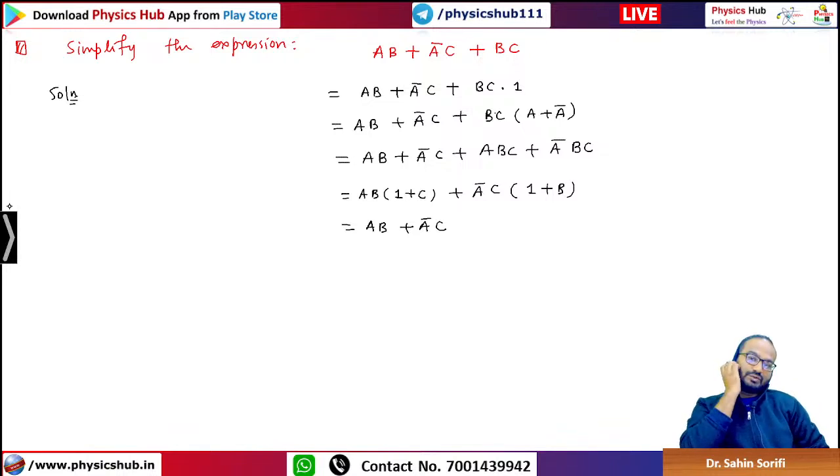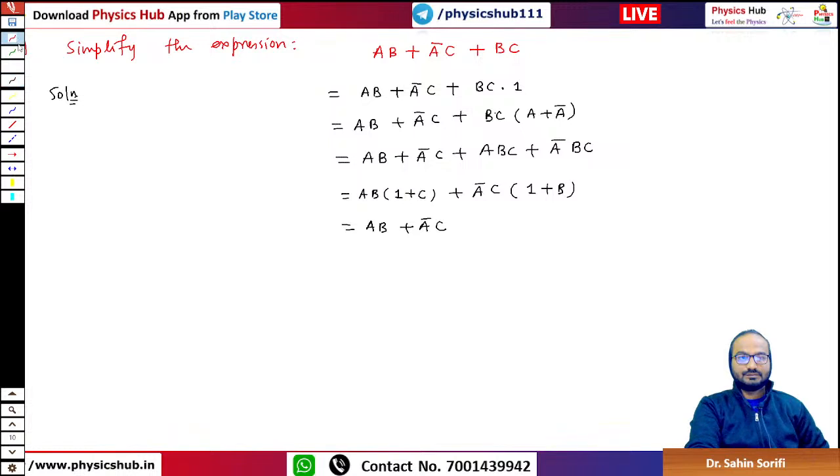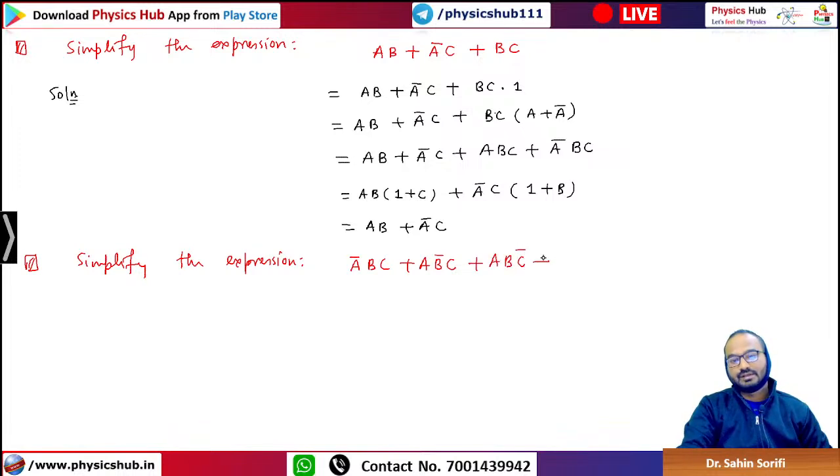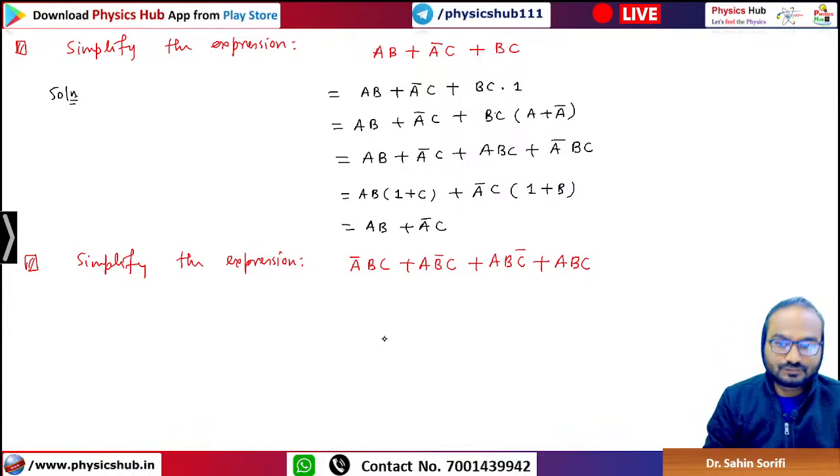You cannot simplify more than this. Let's go for another one. Simplify the expression: A complement BC plus AB complement C plus ABC complement plus ABC. Do it.